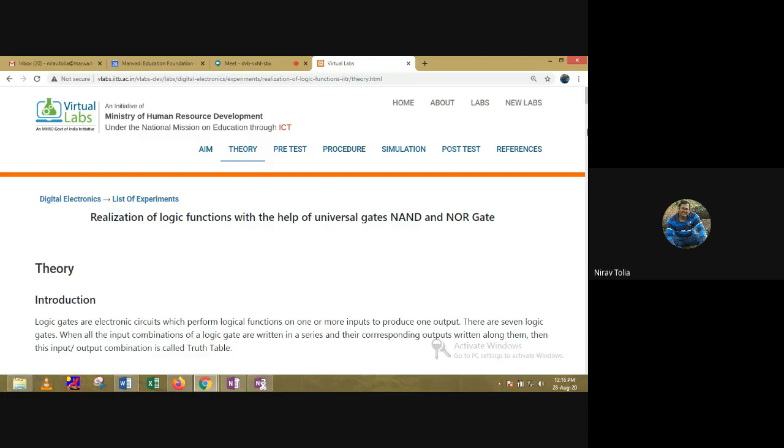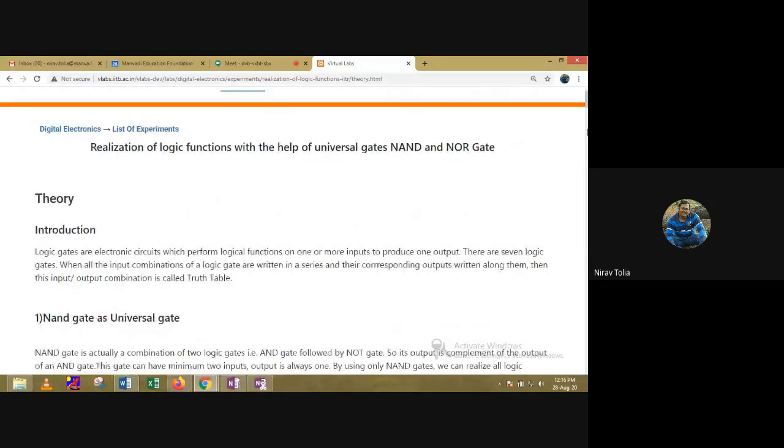So in the theory we have, what are logic gates? Logic gates are the electronic circuits which perform the logical functions, having one or more than one input but a single output. Why one or more than one?